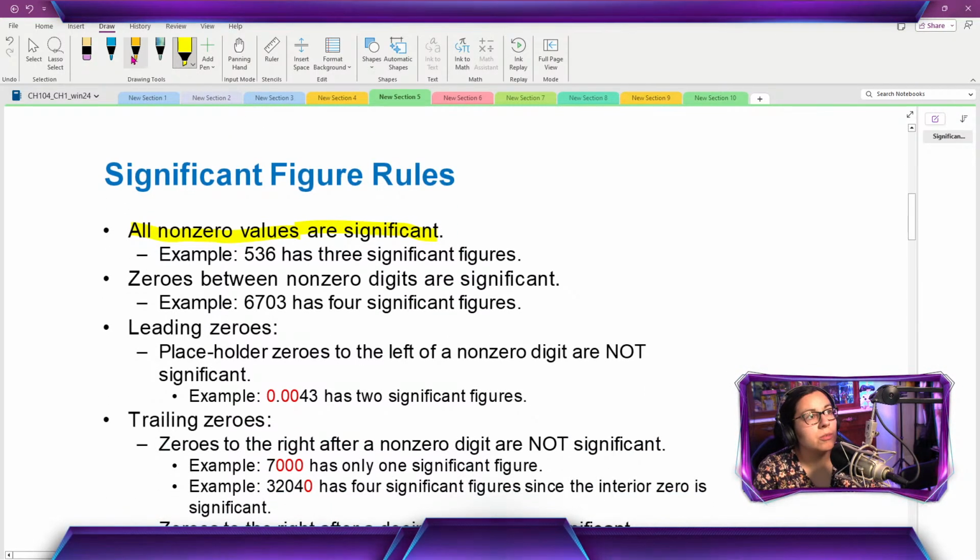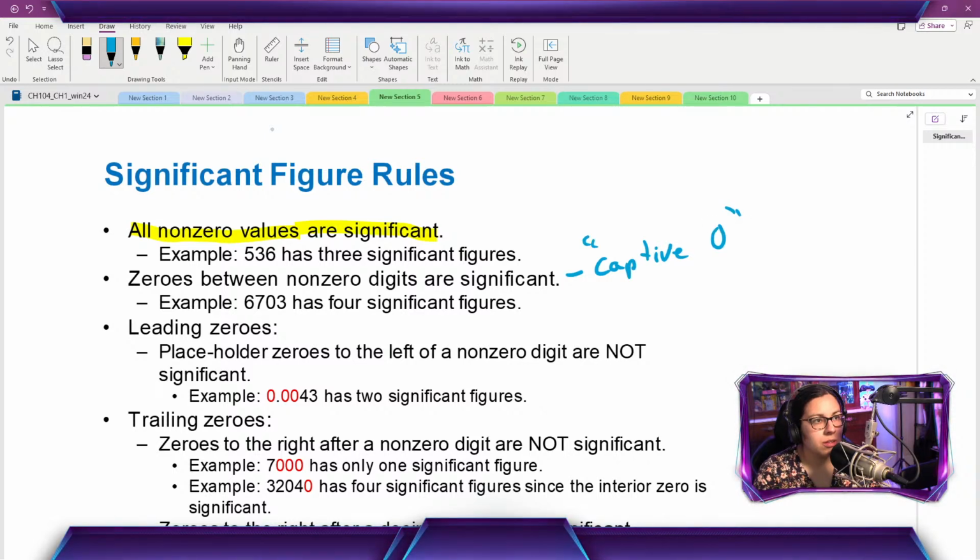And then this next rule, I call it our captive zero. This means a zero is between non-zero digits. Any zeros between our non-zero digits are significant. So this number has 4 sig figs.